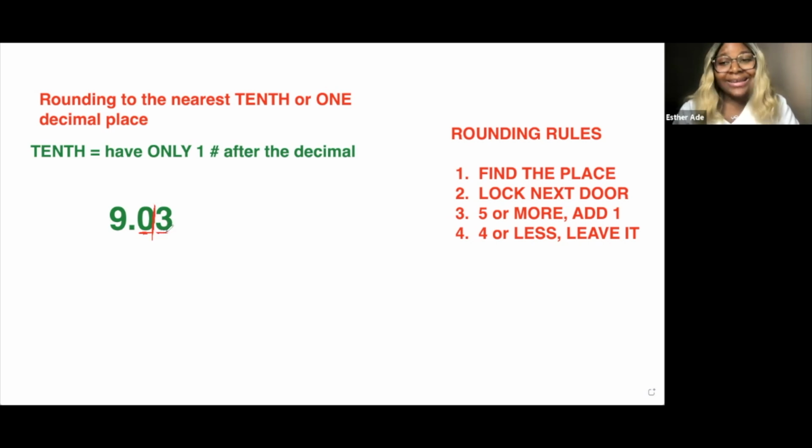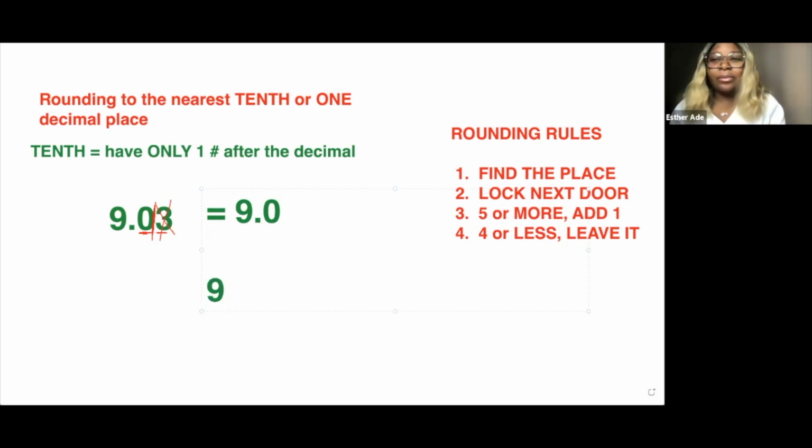No, it's less than 5. So I don't need it. So I would just go ahead and erase that. So the right answer is basically 9.0, which could easily just be written as 9. You don't even need to have the .0. It's also the same as 9.